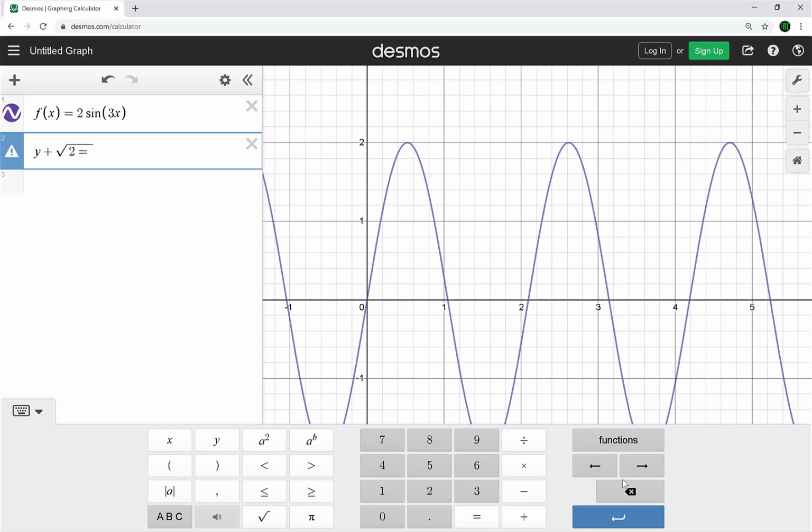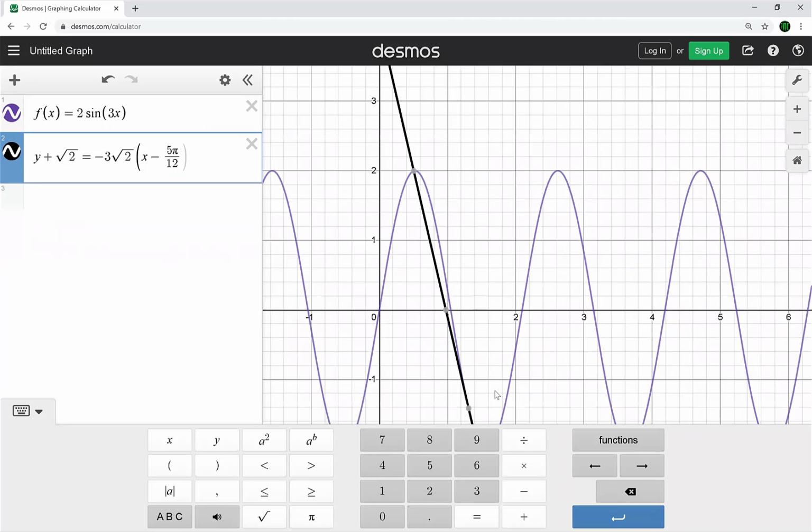Equals, oh, hold on. I gotta get out of there. Equals, what was my slope? 3 square root of 2. Open parenthesis, x minus 5 pi over 12.